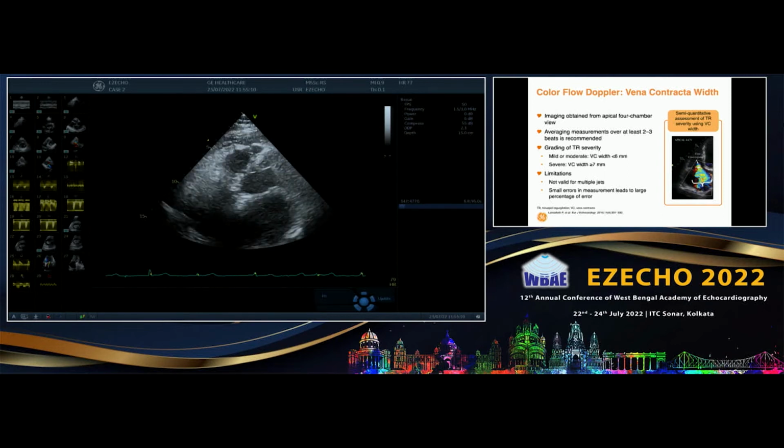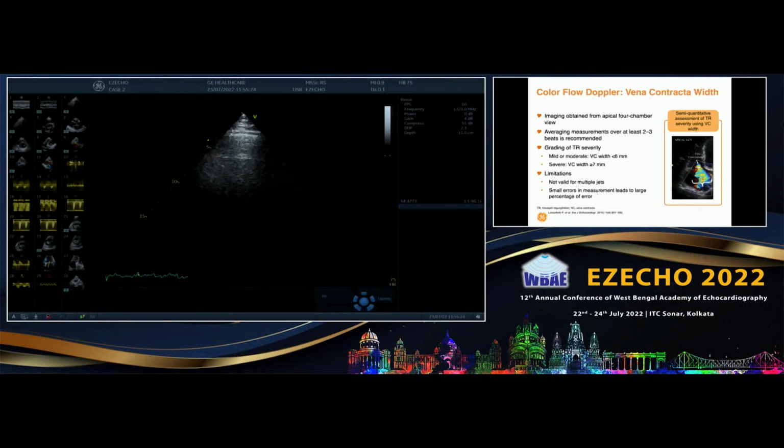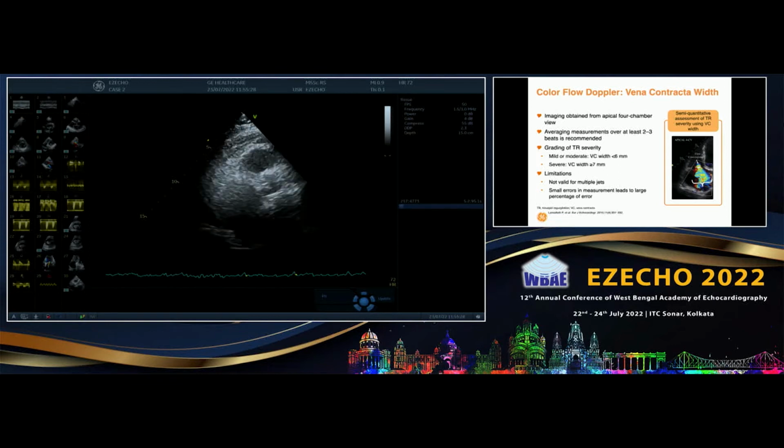I think first it will be good that the rate control is better, and he is on optimal medical therapy for heart failure also, because I think there is a primary myopathic disease in this patient, probably tachycardiomyopathy or something like that. Because the valvular disease doesn't explain biventricular dysfunction.